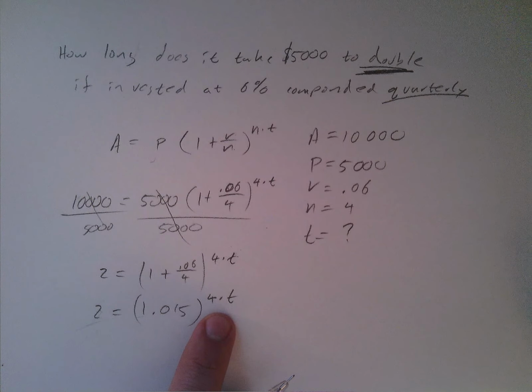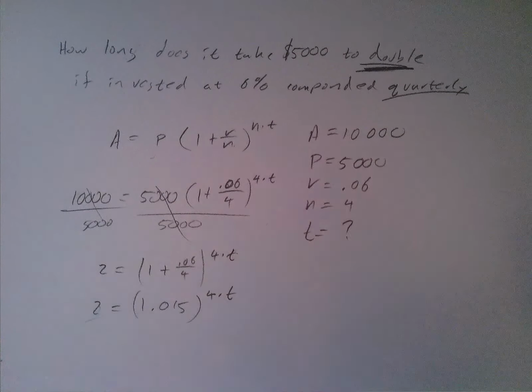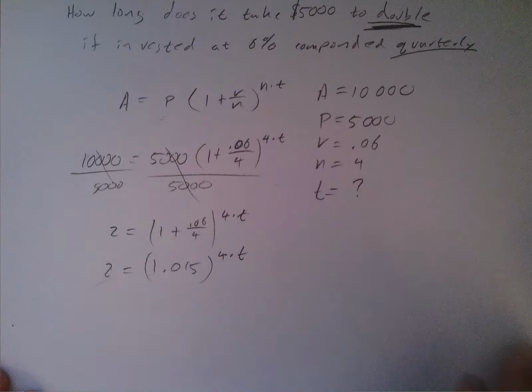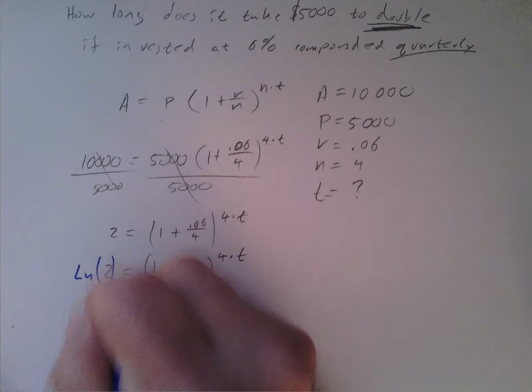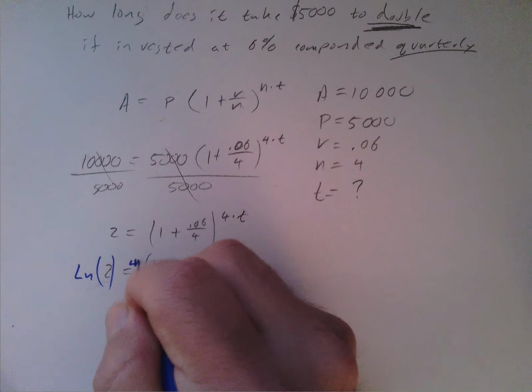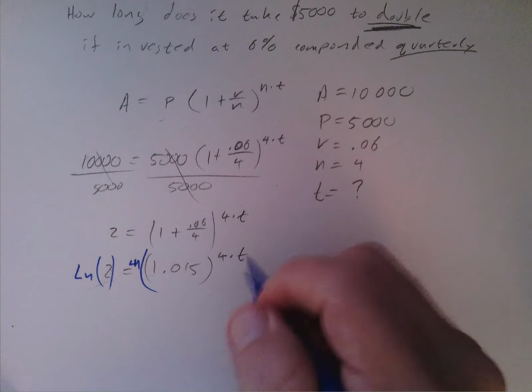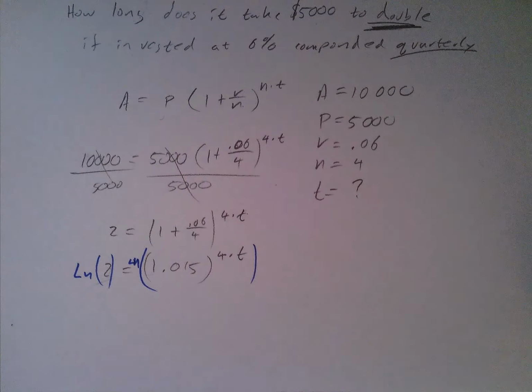The only way to unexponent something is to log both sides. So I'm now going to log both sides, just like we did in our class. Here's ln, and here's ln of all that stuff. And what ends up happening is that exponent is going to drop down in front of it.